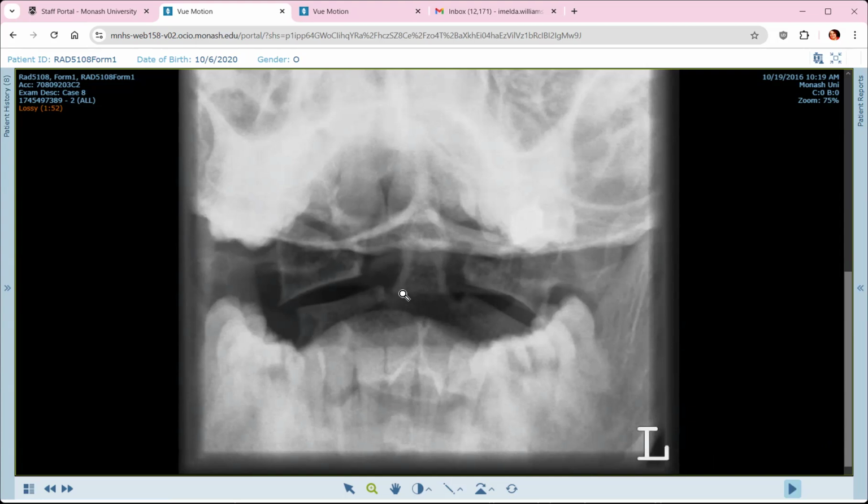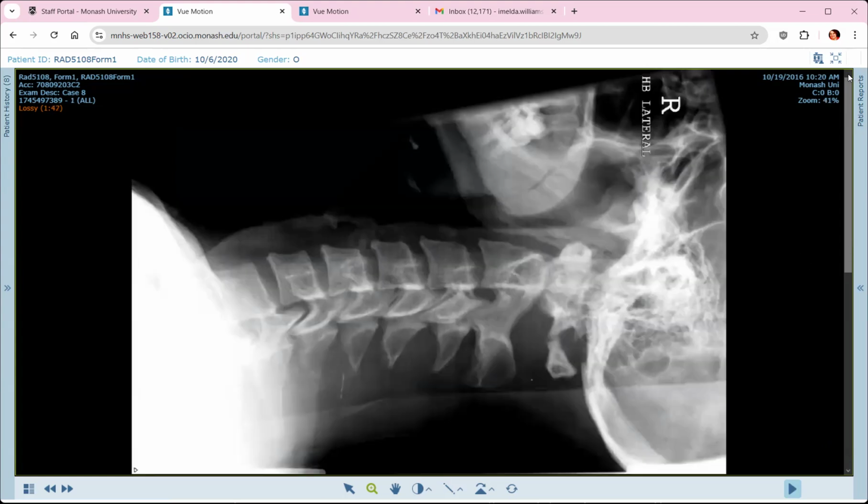We can also see that there's an increased space from the odontoid to the lateral mass on the right side. And then when we look at the lateral view, we can see that there is a fracture of the posterior arc of C1. All these appearances are in keeping with what's typically called a Jefferson's fracture.